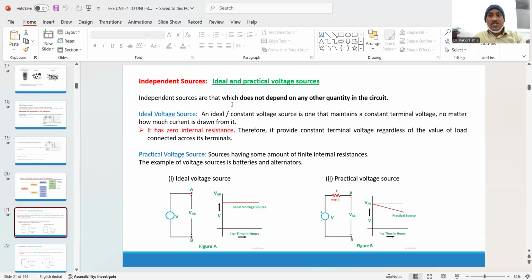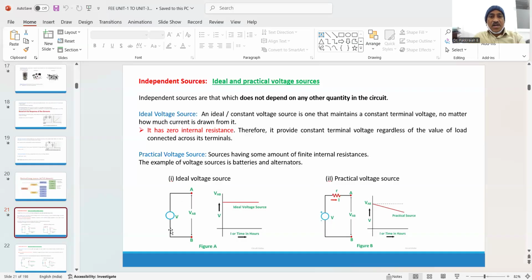Further, ideal sources and practical sources are both further classified into four types: ideal voltage source, ideal current source, practical voltage source, practical current source. So here you could see ideal voltage source, practical voltage source.